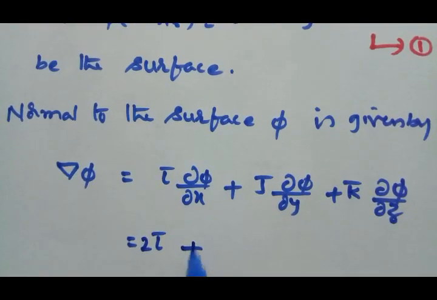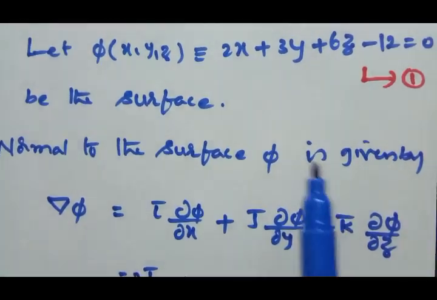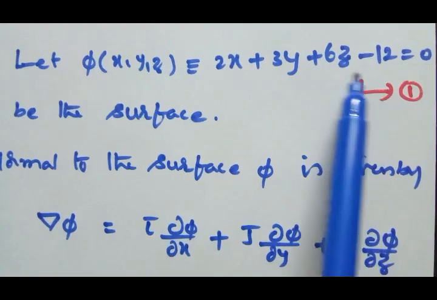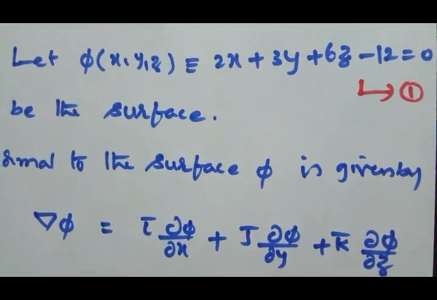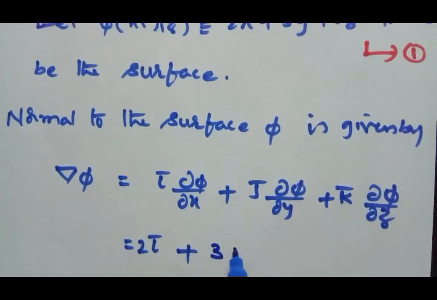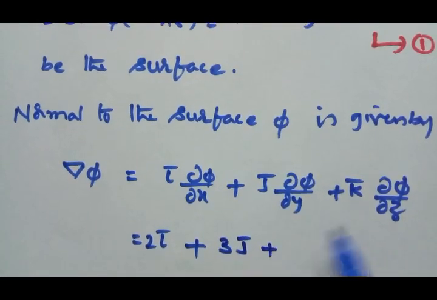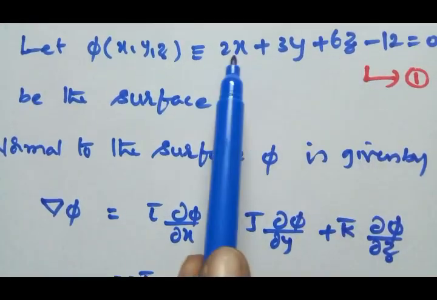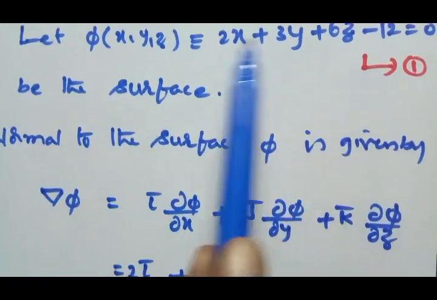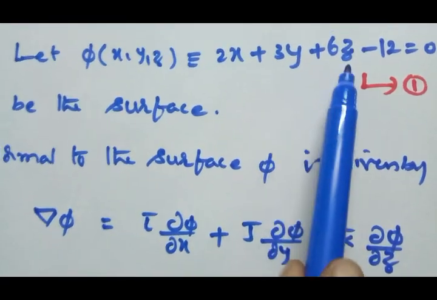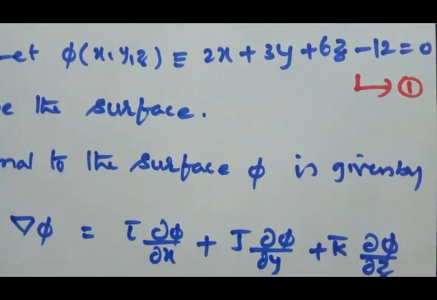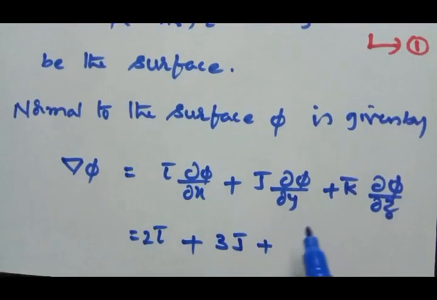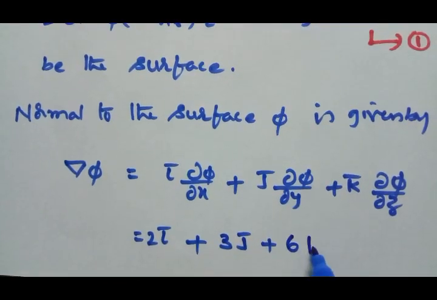Plus j bar into dou by dou y of phi, derivative of 3y is 3 j bar. Plus k bar into dou by dou z of phi, derivative of 6z is 6, and 12 derivative is 0, as it is a constant, so 6 k bar.